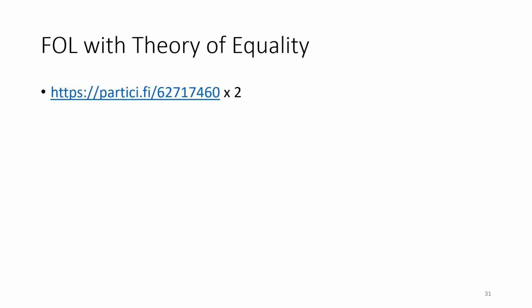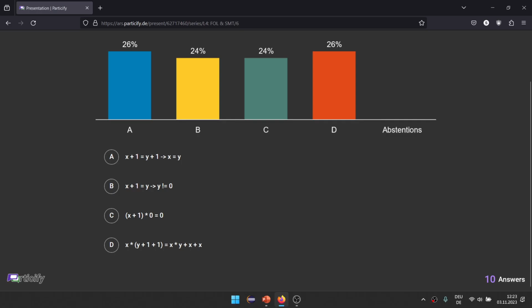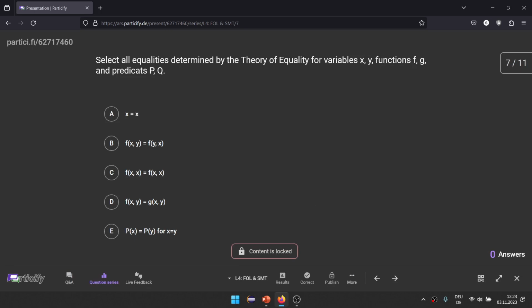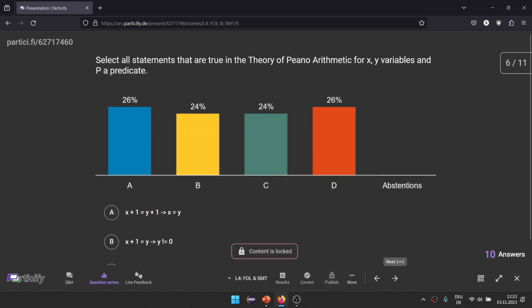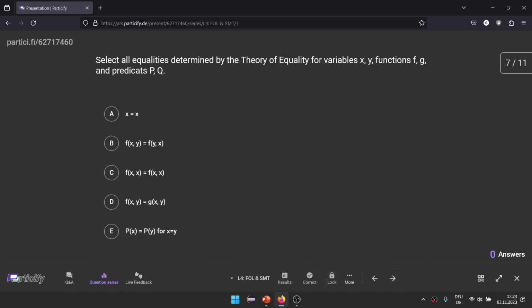Now let's have a look at some first order logic with theory of equality. I have to look at the other one. So now if we want to select all the equalities determined by the theory of equality for these variables x, y, functions f, g, and predicates p and q. Maybe that's the question that should have been there earlier, right?